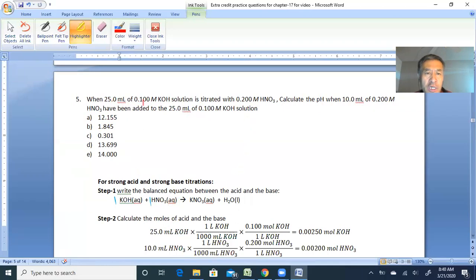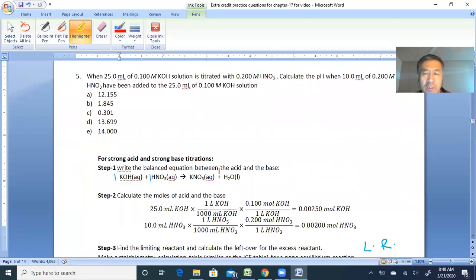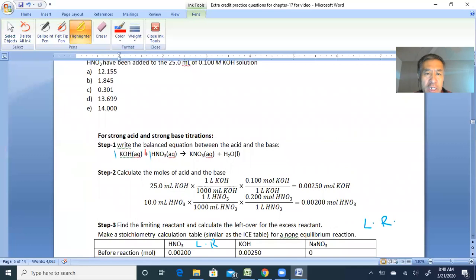So this is a strong base, strong acid titration. To find out the pH, we will follow these few steps. Step 1 is write the balanced equation between the acid and base. So base to acid is a 1:1 ratio.